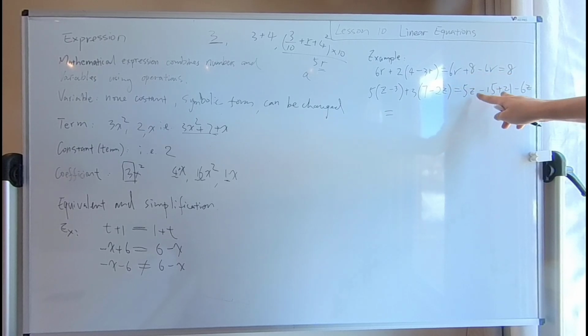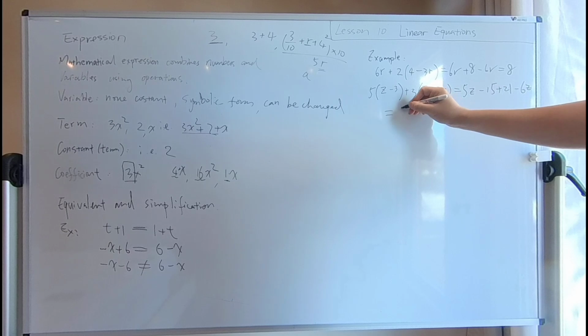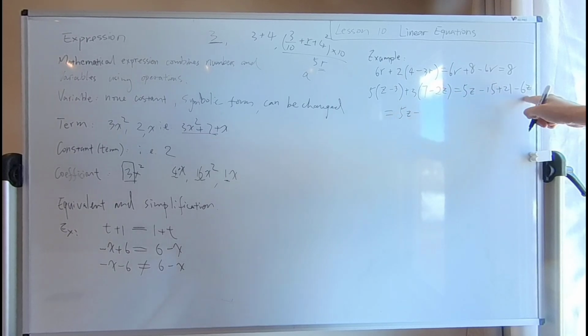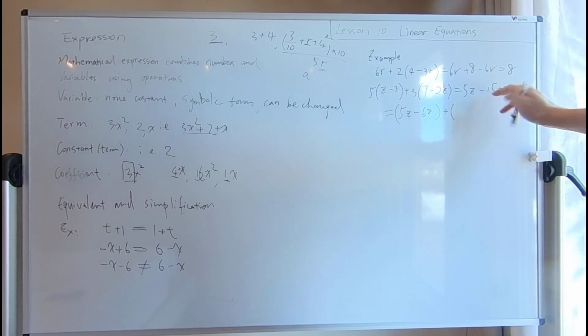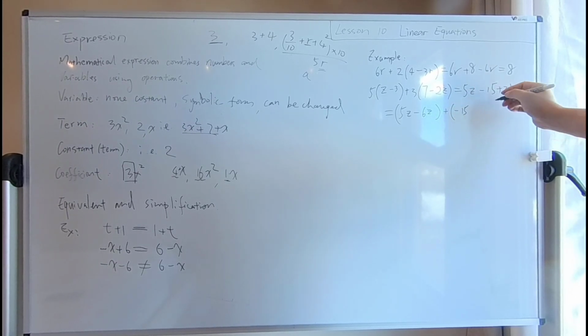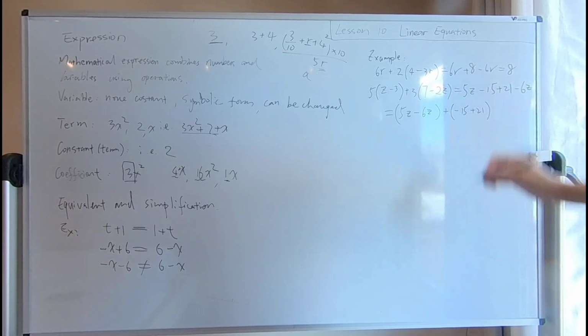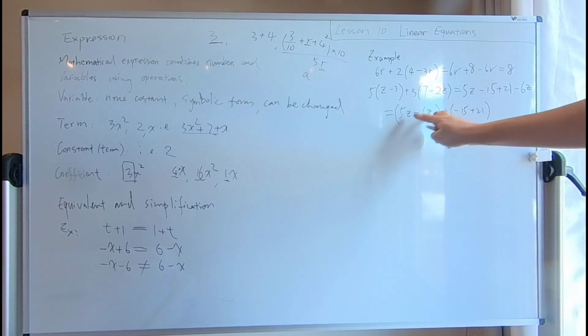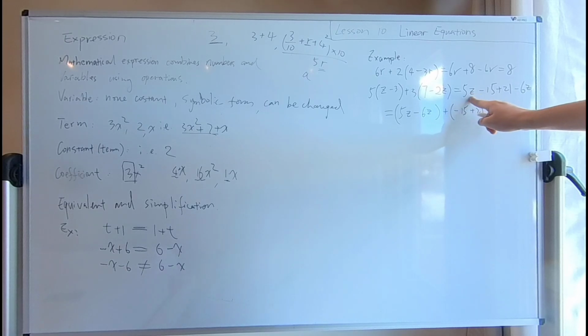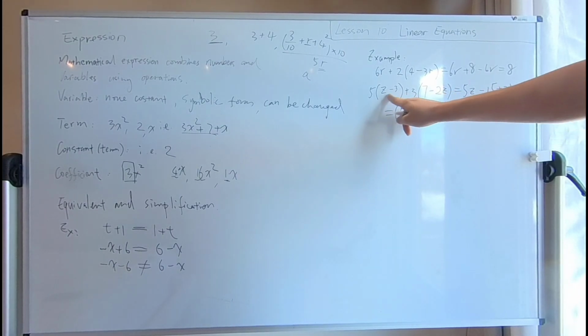So here I'm grouping the terms that contain unknown variables together, 5 that minus 6 that, and then grouping the remaining constant terms together, minus 15 plus 21, and then continuing the simplification, because the variable term and constant term can never be further simplified.